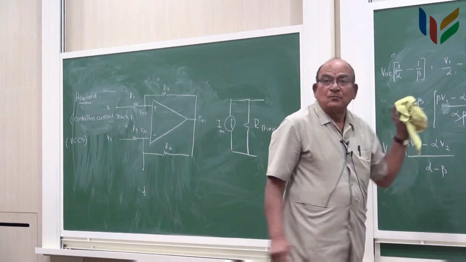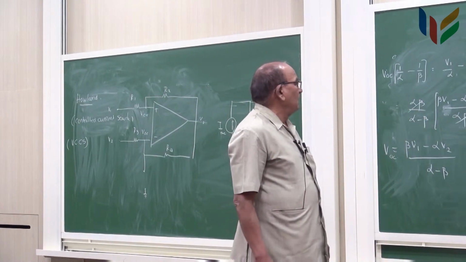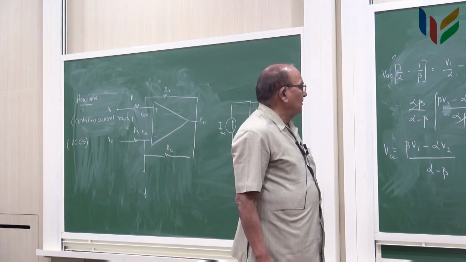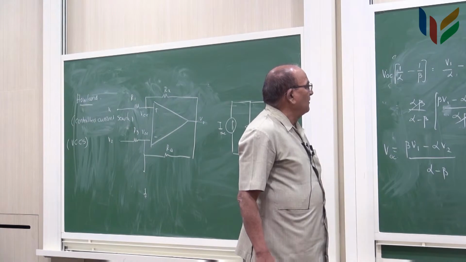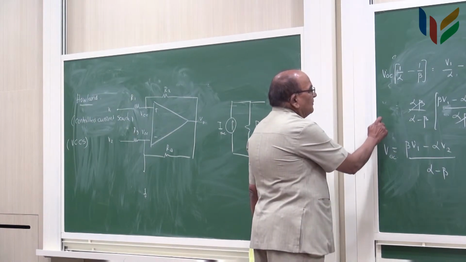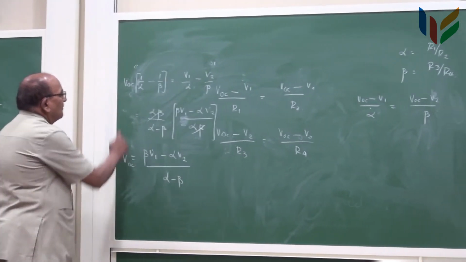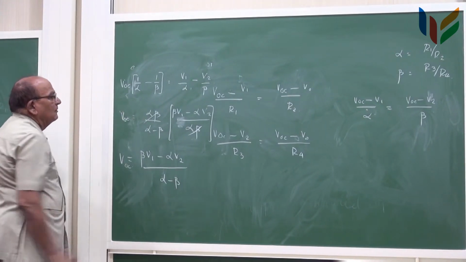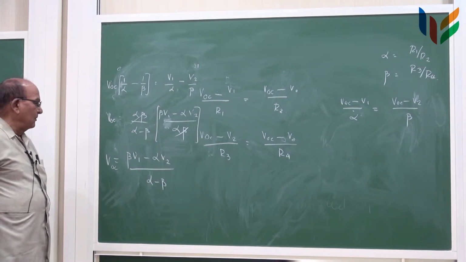Beta minus alpha. Something wrong? The denominator. Alpha minus beta. Sorry, beta minus alpha.